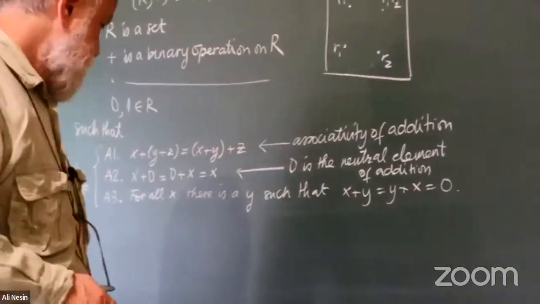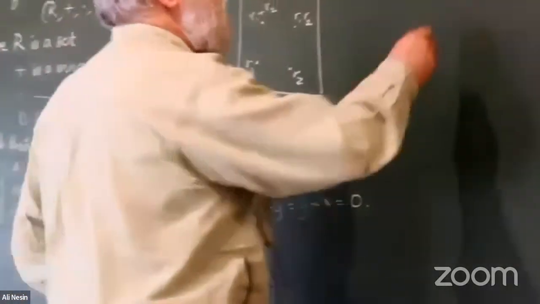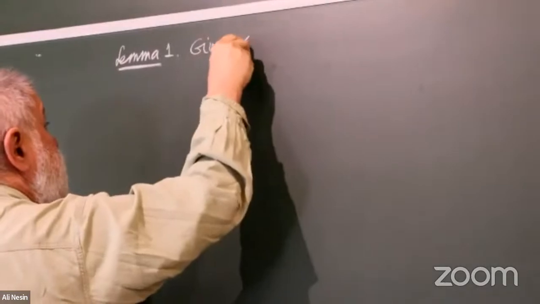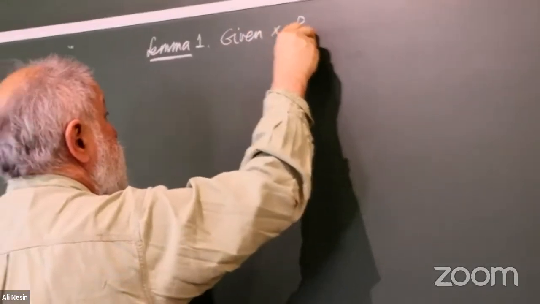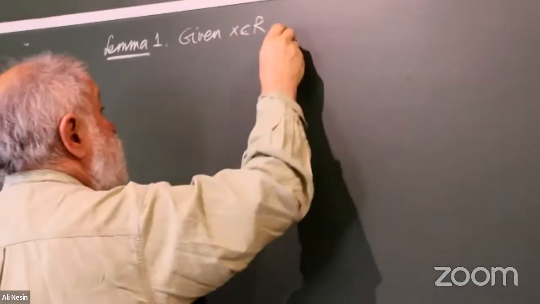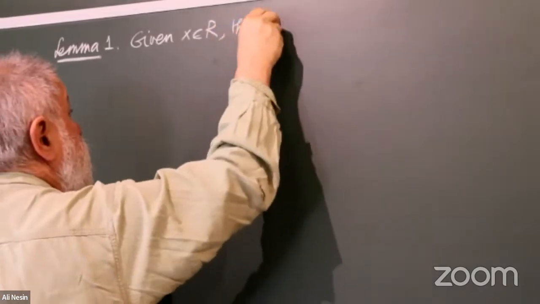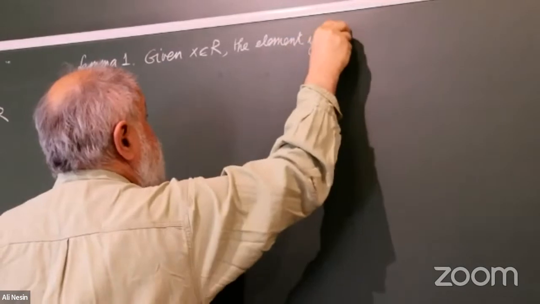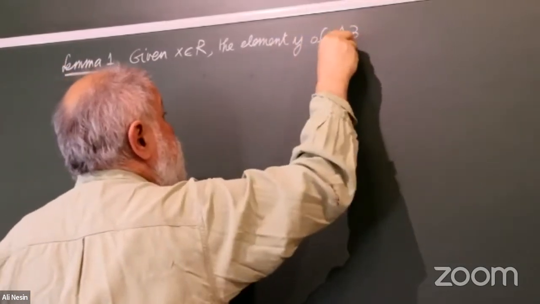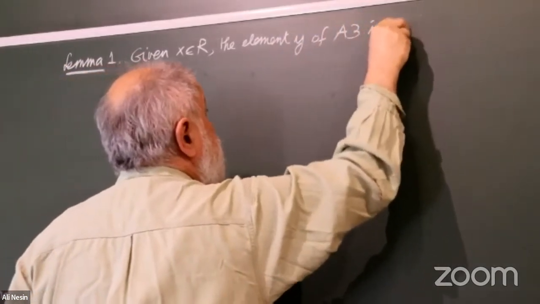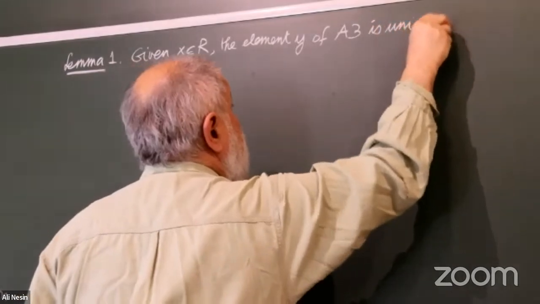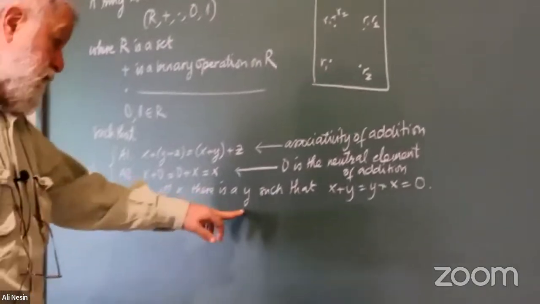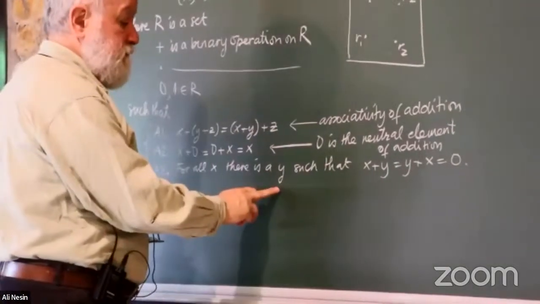Lemma 1: given x in R, the element y of A3 is unique. Given x, there's a y, and this y is necessarily unique.